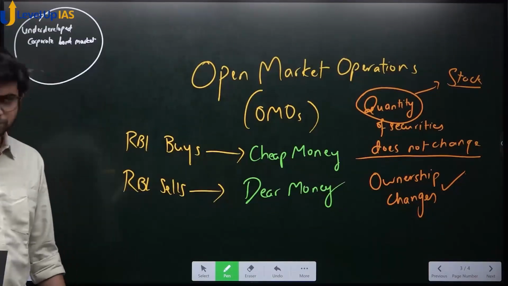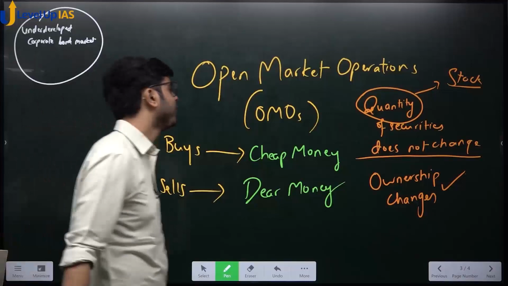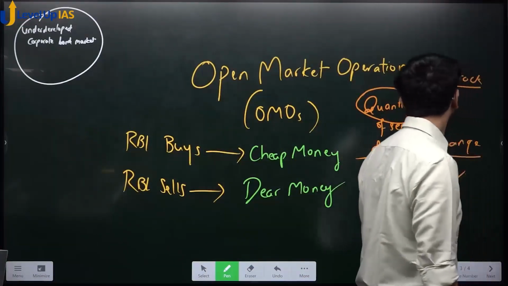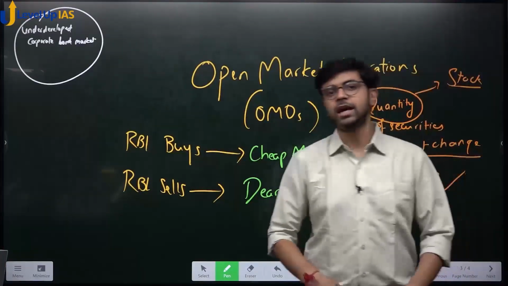Okay? Simple enough. Open market operations, cheap money, dear money, quantity of securities does not change, ownership changes, stock and all. I hope you understood this.